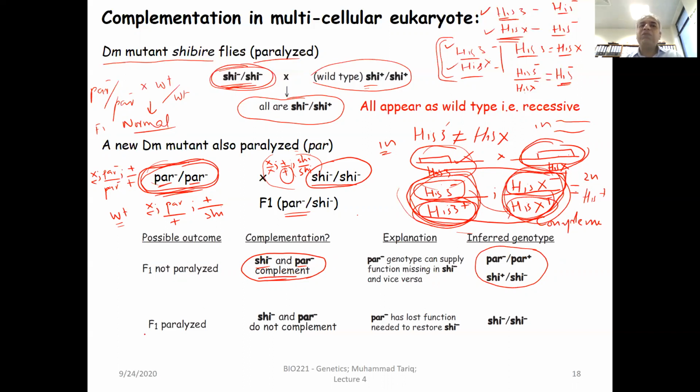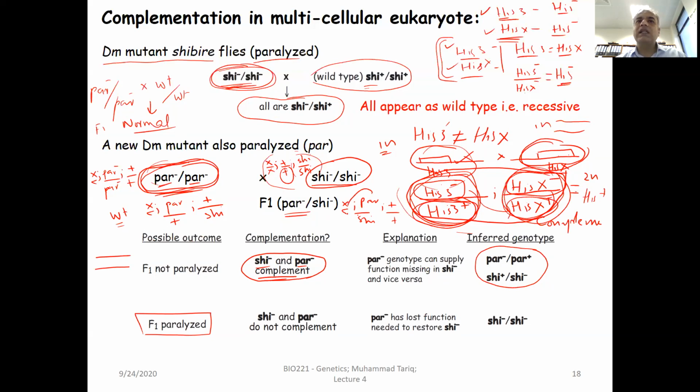However, if F1 is also paralyzed, then it means they are not independent mutations. They are mutations in the same gene. In F1, we have male or female, whatever, and then paralyzed over Shibere, chromosome 3. It means it's actually at the chromosomal level.